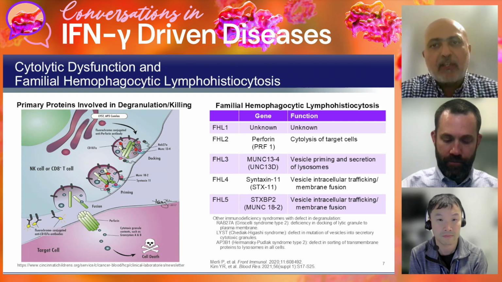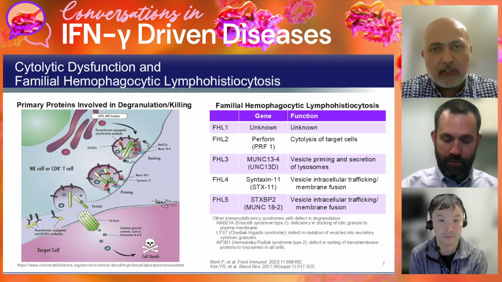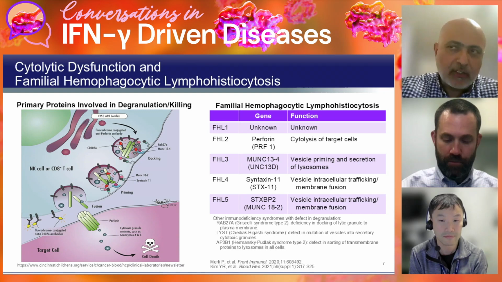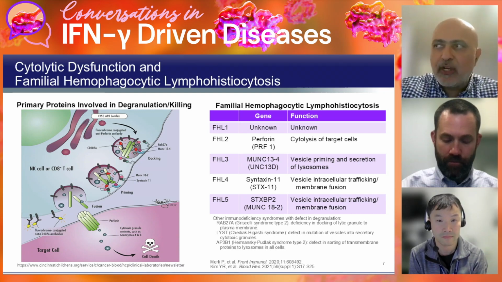It has expanded to include a few other genetic diseases that all result in the similar outcome of primary HLH, which we all recognize as a condition associated with systemic inflammation that can become rapidly life-threatening.